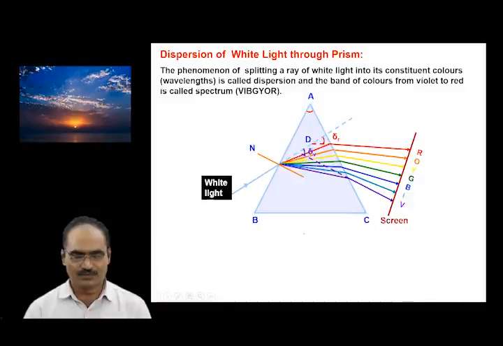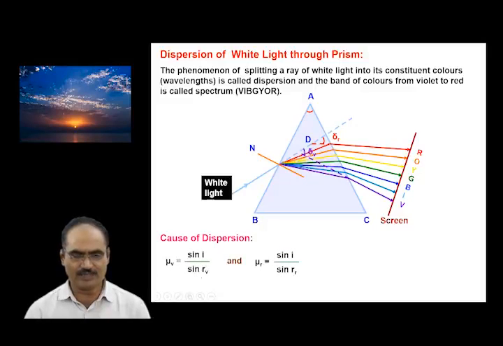So we can write mu V is equal to sin I by sin RV, and mu R is equal to sin I by sin RR. The refractive index of the prism will be different for different colors, because the angle of deviation will be different.